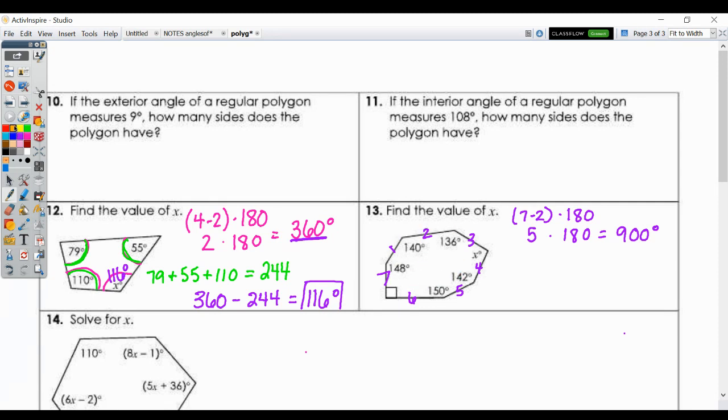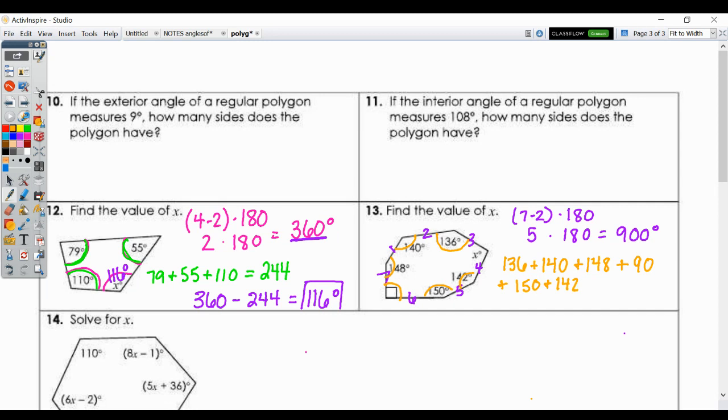Okay? So I need to figure out what angles I do have. So I have 136 plus 140 plus 148 plus 90. That little square means 90. Plus 150 plus 142.